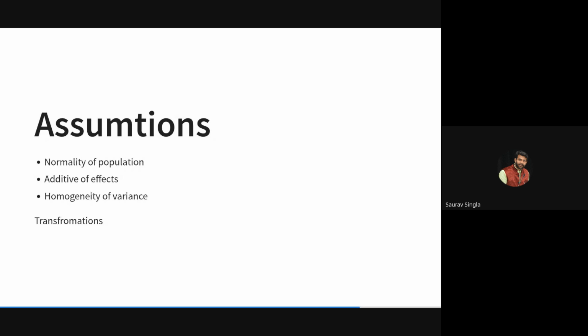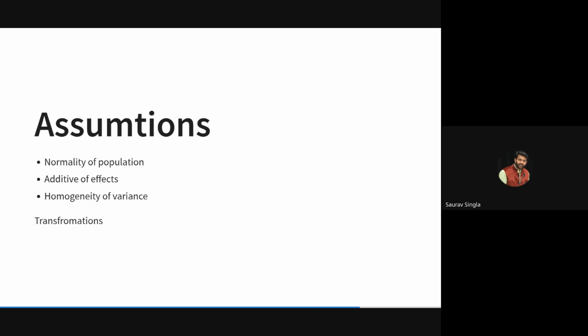So when you are telling that all the treatments are coming from different normally distributed populations, then these populations have different mu, different mean, and different standard deviation. The third assumption, the homogeneity of variances, says that the means might be different, but the variances of these populations are not very divergent. It is very much similar.